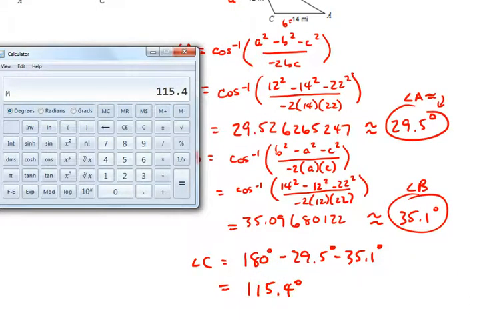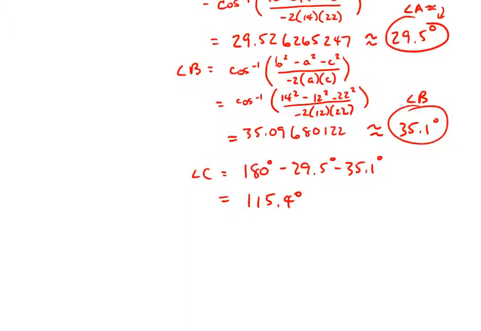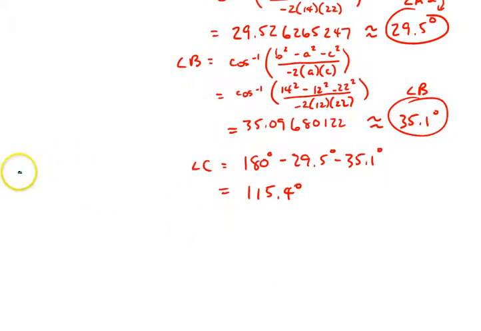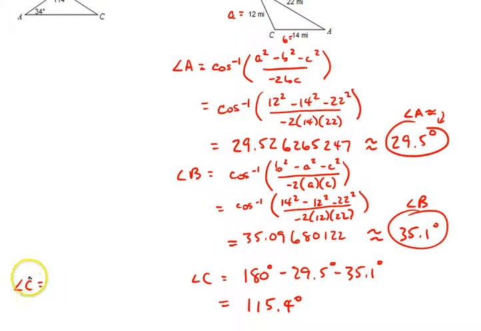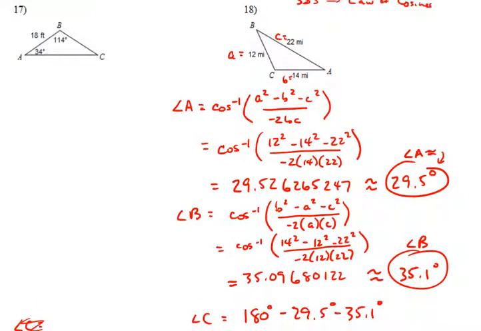Oh, you could check this. Let's do it the long way. You wouldn't have to do this, but let's just show that it is going to be the same thing. Angle C is equal to the arc cosine of C squared minus A squared minus B squared all over negative 2AB.